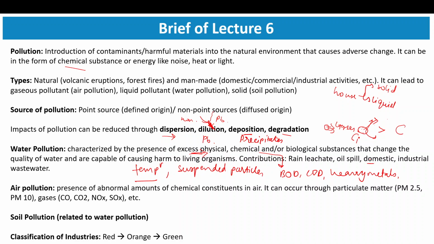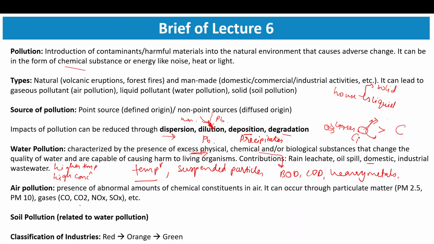And obviously industrial wastewater, where after the processes going on in industries, there is a lot of wastewater generated, which can have higher temperatures, high concentrations of chemicals in the form of suspended particles. Also, it will have high BOD, COD. It can have heavy metals. It can have much more complex chemicals. Okay, so such wastewater also causes water body pollution.